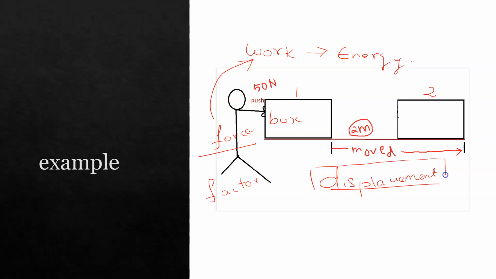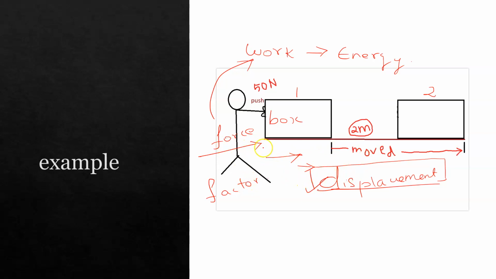The better word is displacement, because it is moving in a straight line. If any object is moving in a straight line, the path covered, the total distance covered, is known as displacement. So if there is a force, there will be a displacement because the object will go in a straight line.